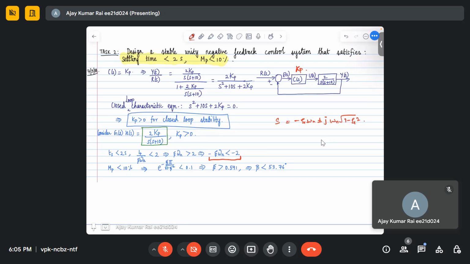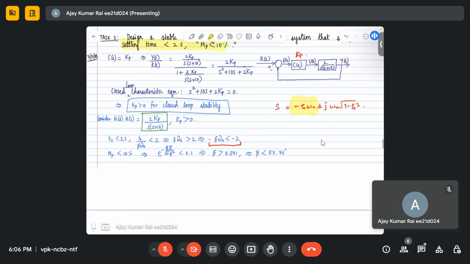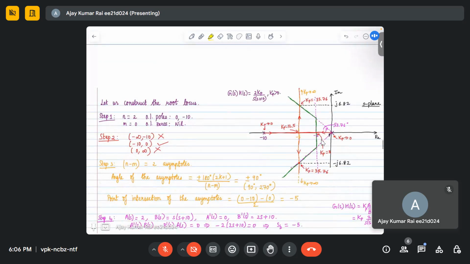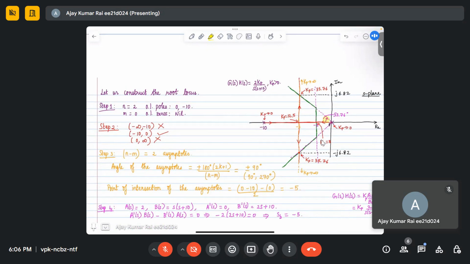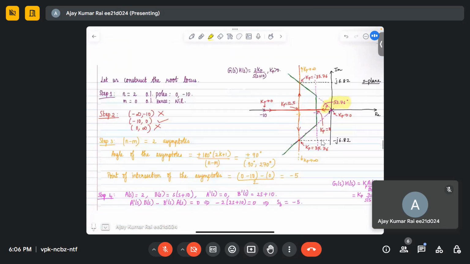We are relating the settling time with this value, and from the peak overshoot we got the zeta value, from which we can get the angle beta. How are we relating this in the S plane? You can see here, this is the angle that we got from the peak overshoot. And this minus zeta omega n is the real value, which is just minus 2 here.